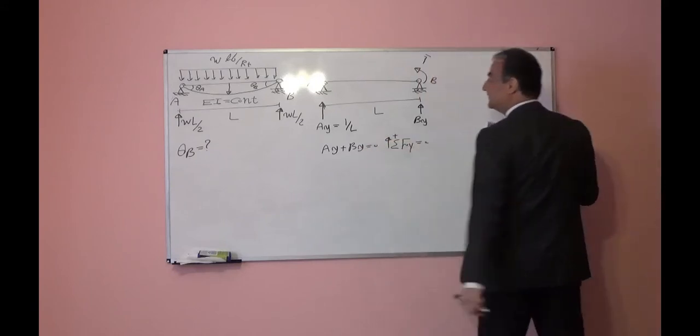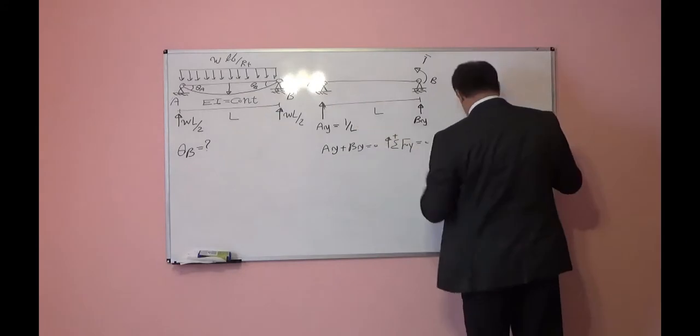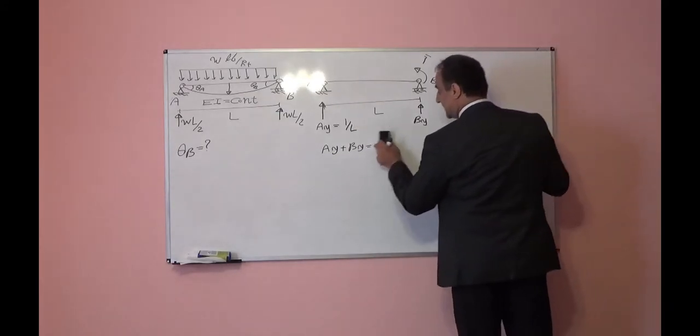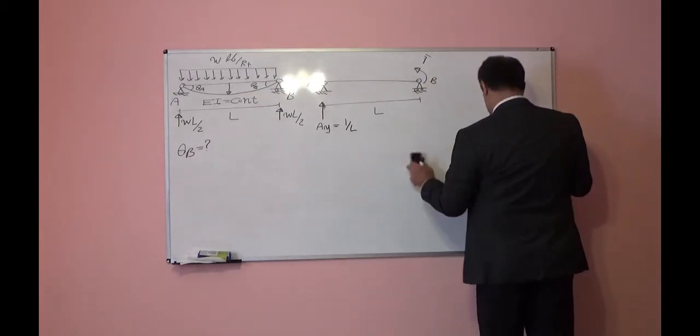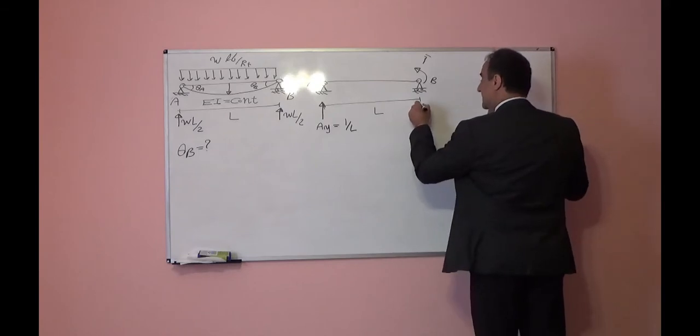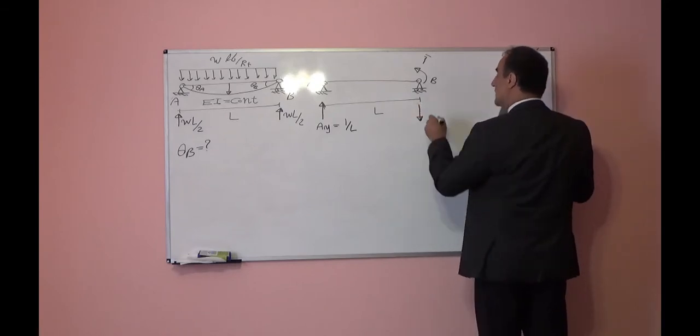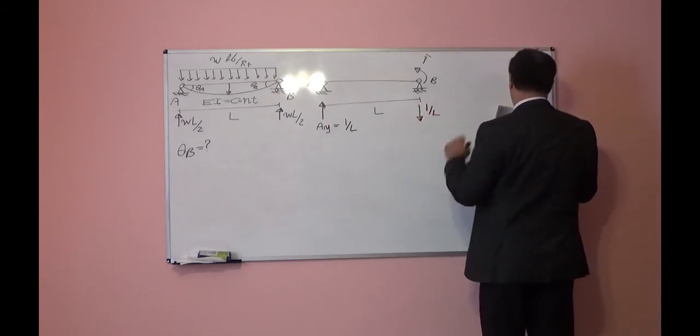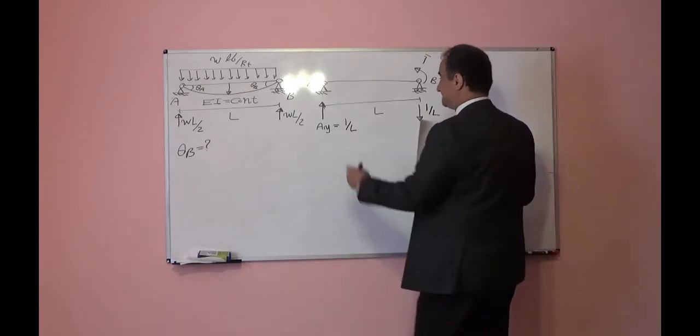From here, BY will be negative 1 over L. Negative means this support reaction direction should be downward. It will be 1 over L.